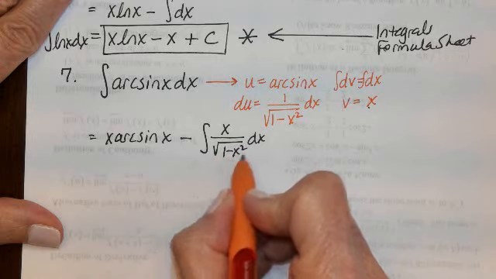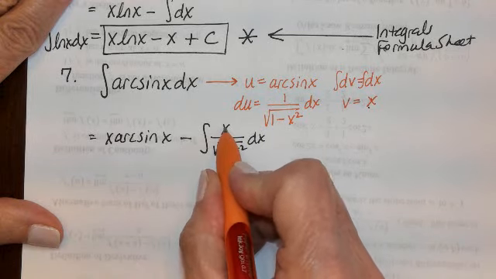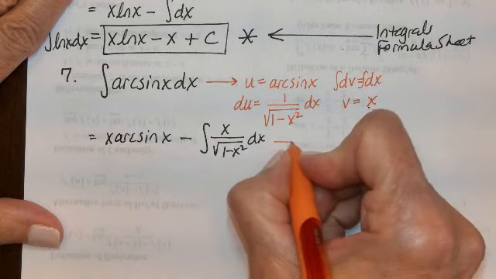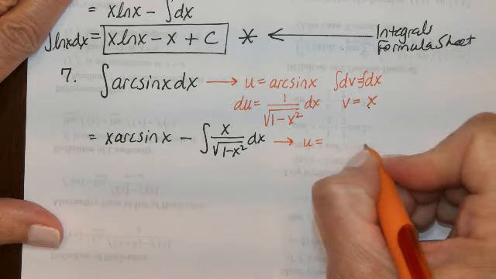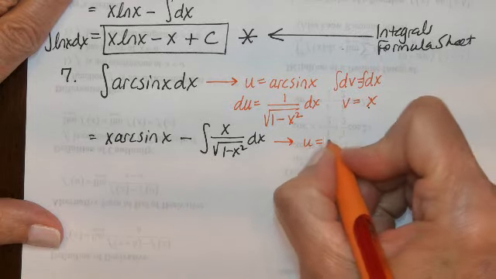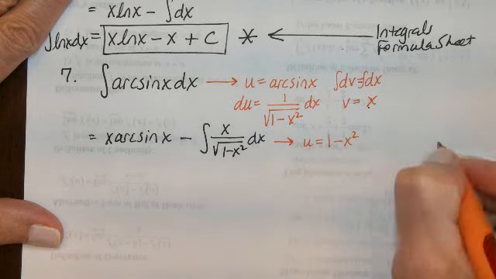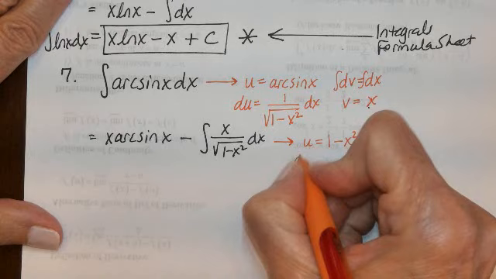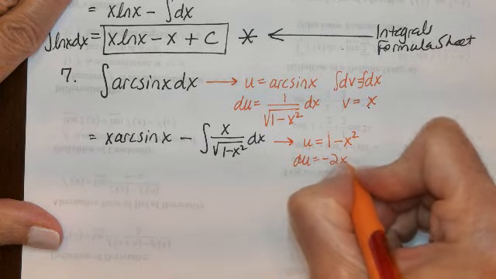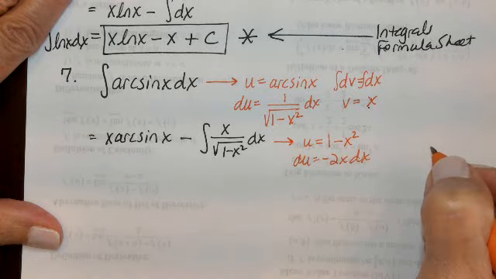The derivative of the inside is going to have an x in it, and there's my x. So this is plain u sub, not by parts, just plain u sub. U is what's inside that radical. Du is negative 2x dx, right?